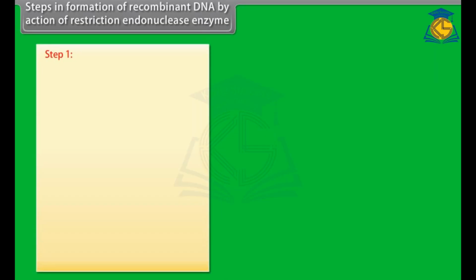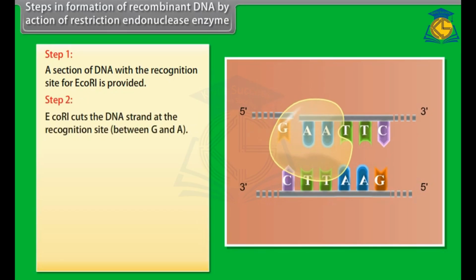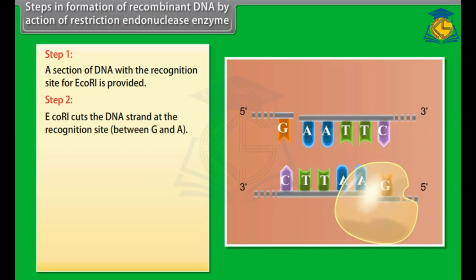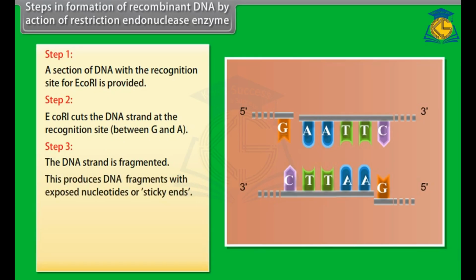Step 1. A section of DNA with a recognition site for E. coli is provided. Step 2. E. coli cuts the DNA strand at the recognition site between G and A. Step 3. The DNA strand is fragmented. This produces DNA fragments with exposed nucleotides or sticky ends.